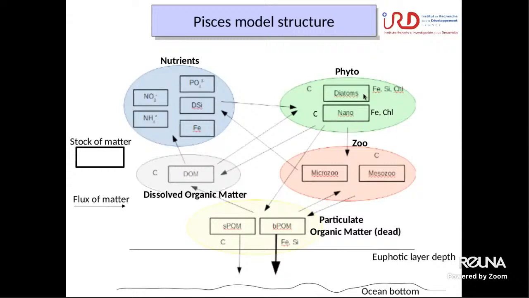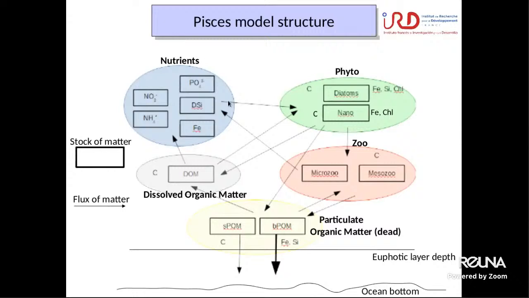The difference between the two is that nanophytoplankton, when they grow, need iron, and they produce chlorophyll in their cells. But diatoms also need silicate. So there's a big need for silicate, and sometimes when there is not enough silicate, there is limitation of diatoms.